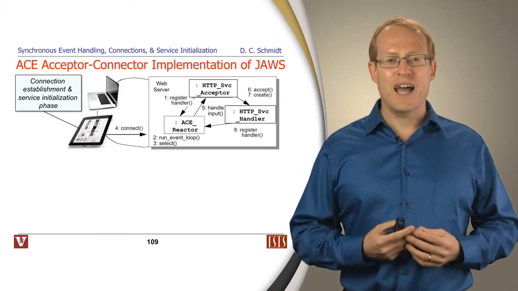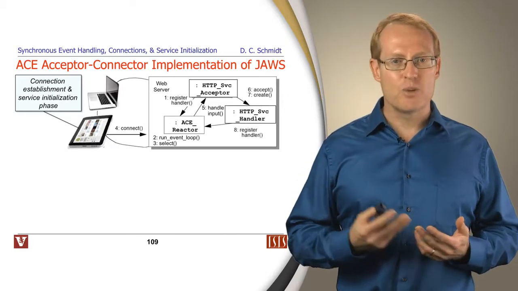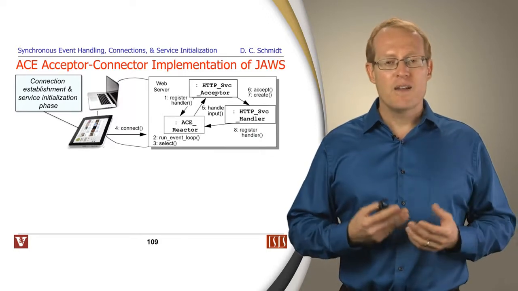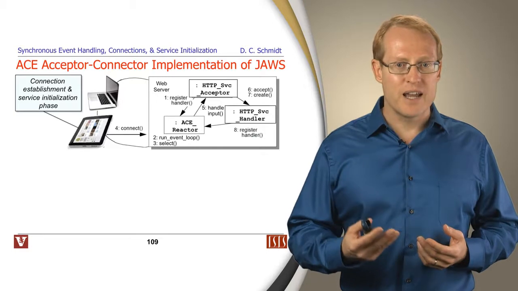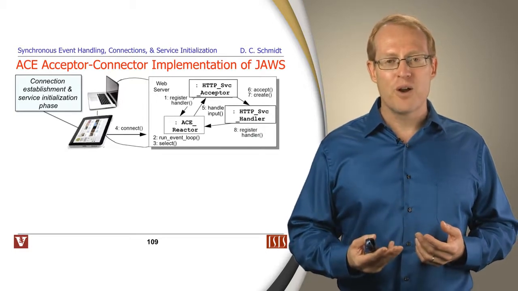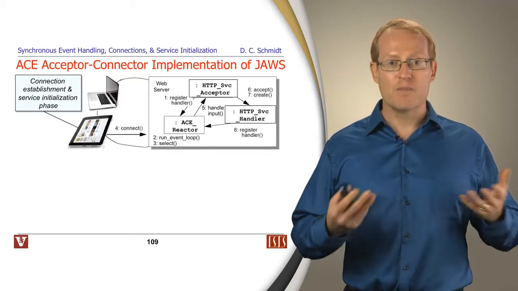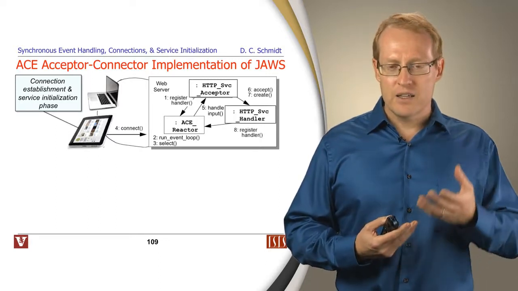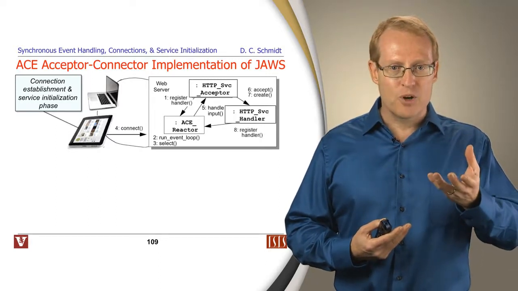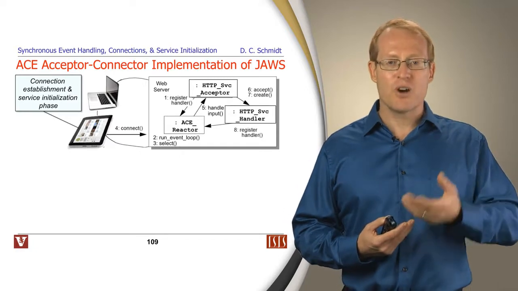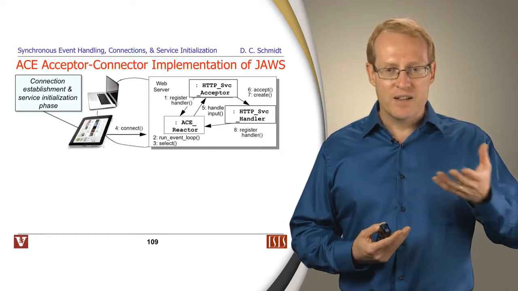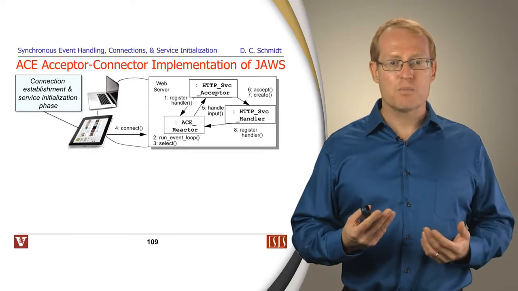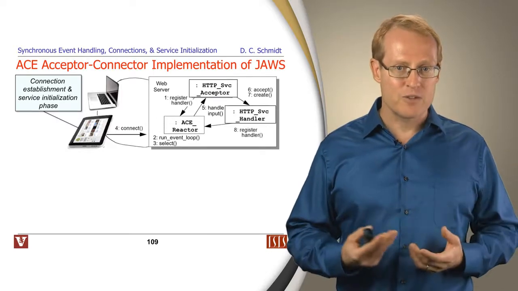Let's now take a look at how this acceptor-connector implementation could be applied to JAWS. This will give you a high-level view, then we'll look at some of the code. From a high-level view, this looks almost identical to the example we'd seen before when we talked about the purely reactive-based approach. The only real difference here is that rather than defining an HTTP acceptor and an HTTP event handler, these are now done for us by the various classes in the acceptor-connector framework.